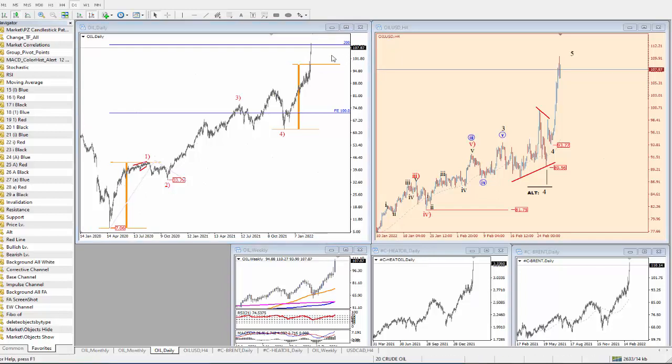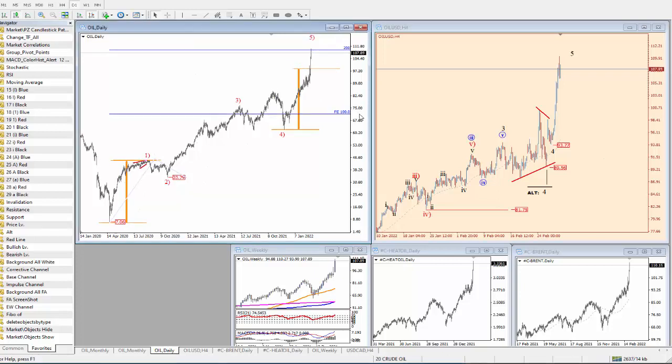So for now the trend is still up, but we see prices in a 5th wave. Of course, you would have to see a drop back towards 90 or $100 in impulsive fashion to make sure that we are stepping into a correction, or that this uptrend is going to slow down. From an Elliott wave perspective, I see 5 waves up.